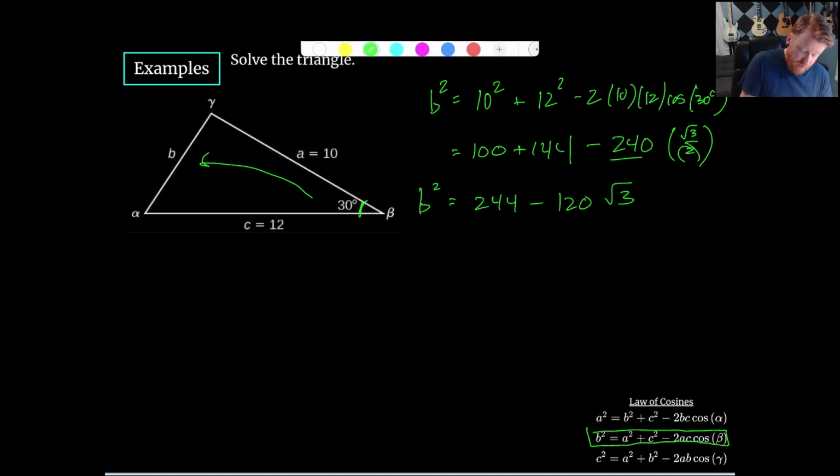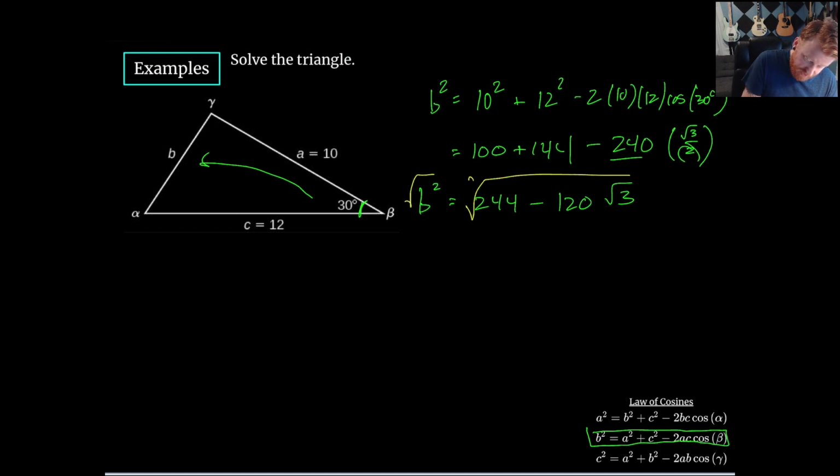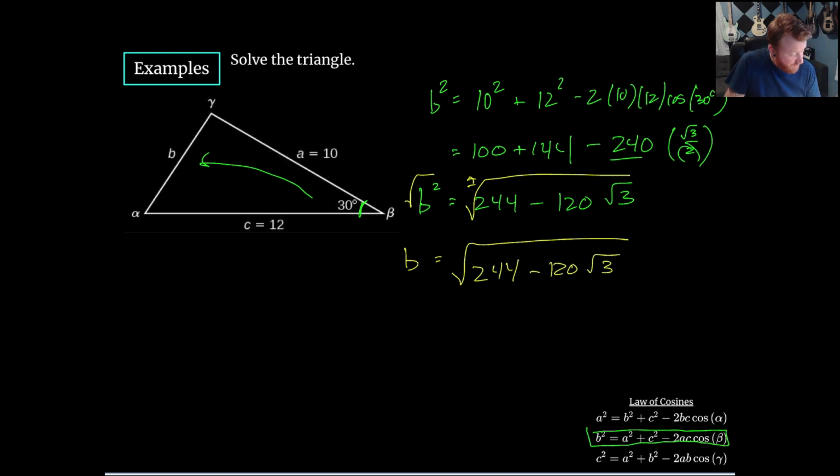So now we want to take a square root of both sides. Technically that gives us plus and minus, but since we're looking for a distance, we will throw out the minus version, and we'll get that b is equal to the square root of 244 minus 120 times the square root of 3. We'll put that into a calculator to get an approximation, and we'll see that b is about 6.013.